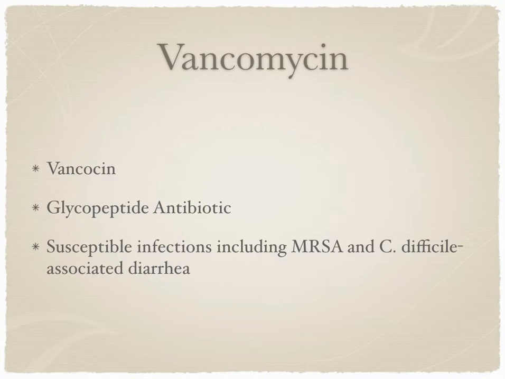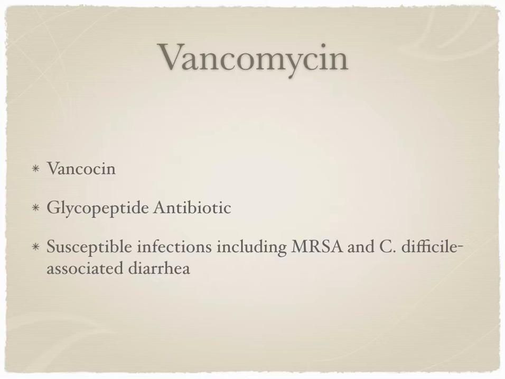All right, so vancomycin, or brand name vancomycin, it is in the class of glycopeptide antibiotic. It is considered the gold standard for MRSA infection. So MRSA stands for methicillin-resistant Staph aureus, and so it is very resistant type of infection.